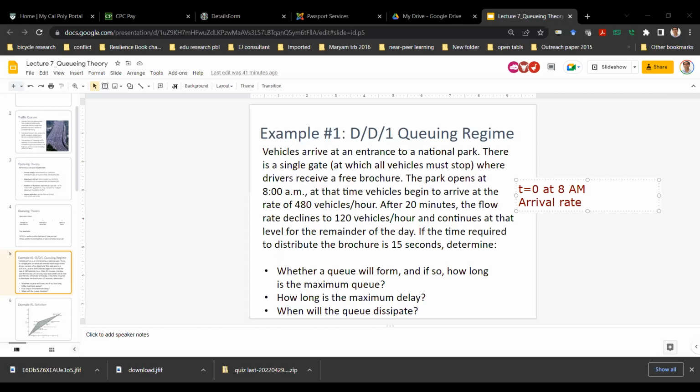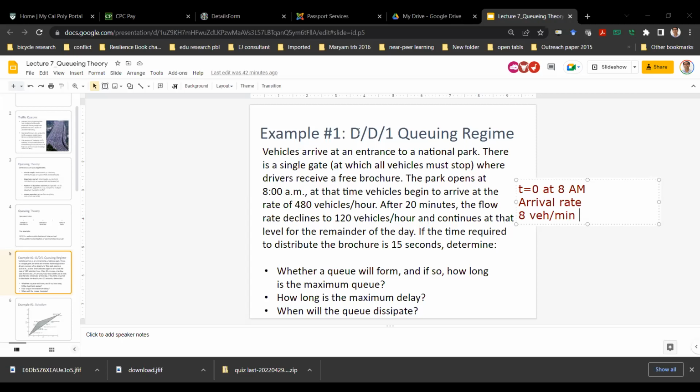So let's assume the time is measured in minutes, and I would like to get my arrival rate in vehicles per minute. What is my arrival rate at t equal to 0 in terms of vehicles per minute? 8 vehicles per minute, right? And remember, I can do this because I've made that DD1 assumption. Because my arrivals are deterministic, I can translate 480 vehicles per hour into 8 vehicles per minute.